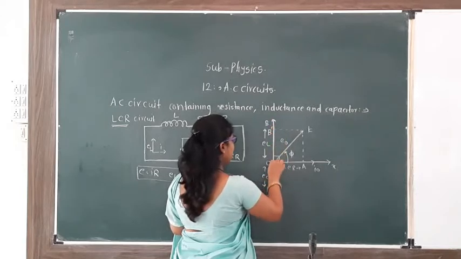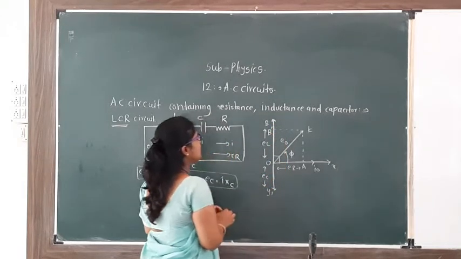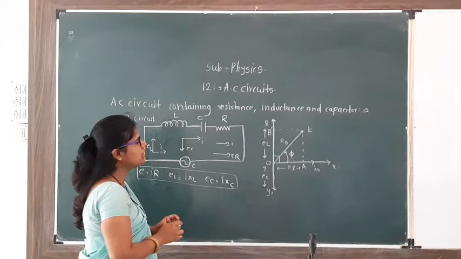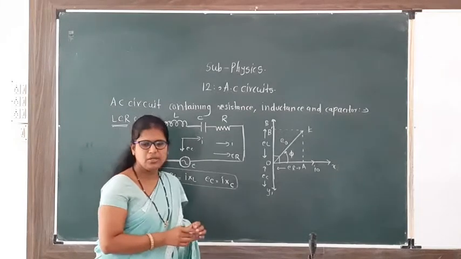This phasor diagram is for resistance, inductor and capacitor, all three connected together.